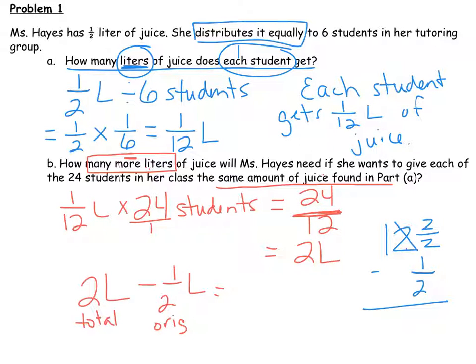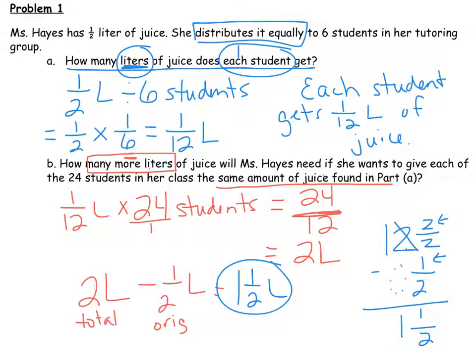So subtract my numerators. 2 minus 1 is 1, denominator stays the same, and 1 minus 0 is 1. So 2 liters minus half a liter is equal to 1.5 liters.